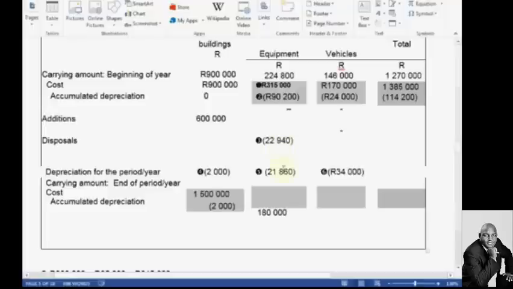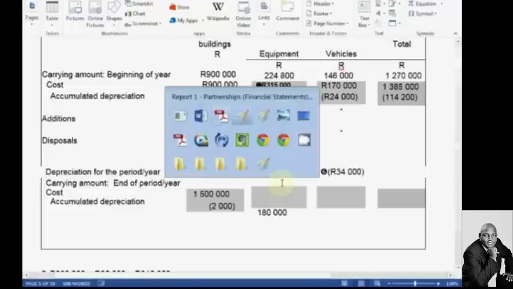So I take my carrying amount minus the additions minus the depreciation for the year. I know how much I'll have at the end of the year. It's 180. Okay, and then the next thing I will do is I'll get the cost. Because I do know that my carrying amount minus the cost must give me the depreciation.